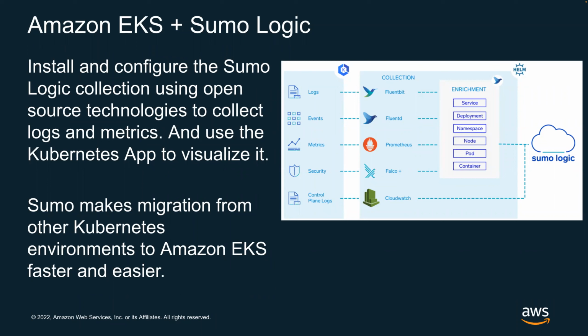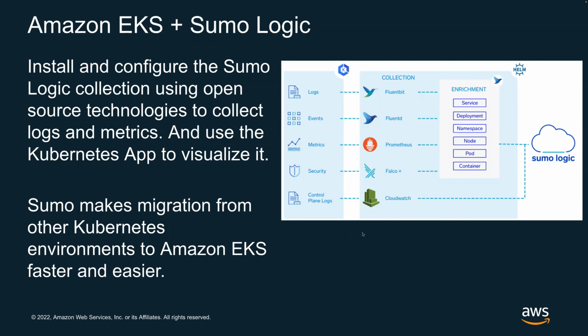So if you take the Sumo Logic and EKS integration, when you install that app, what it does for you is the installation of the forwarding of the CloudWatch events and logs from the Kubernetes control plane into Sumo Logic. So the bottom line that you see over there, from control plane logs, CloudWatch, to Sumo Logic, is what's depicted as a part of that installation and configuration of the log collection from Sumo Logic.